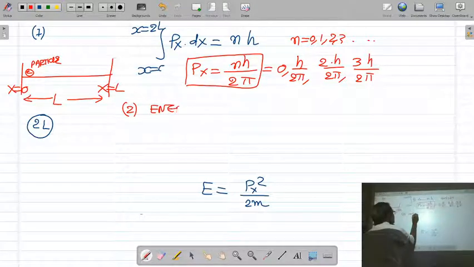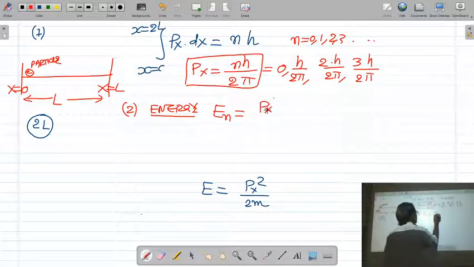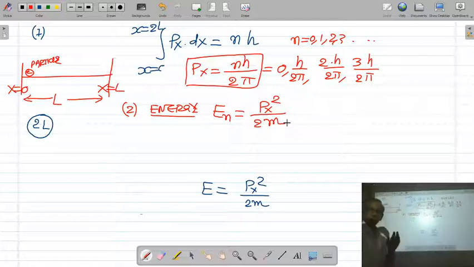That is the kinetic energy only, because the potential energy is 0.